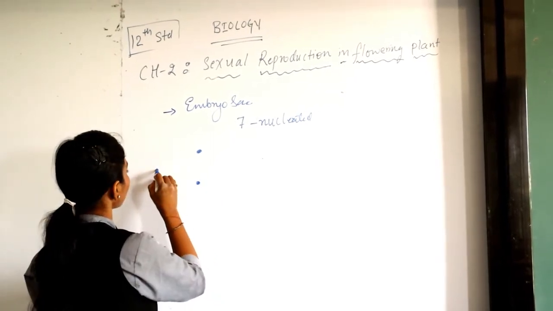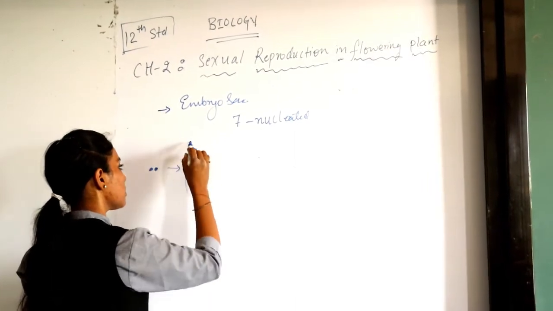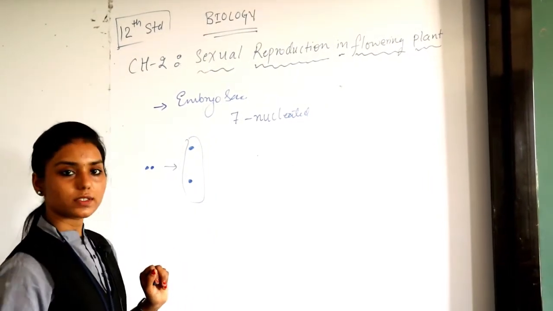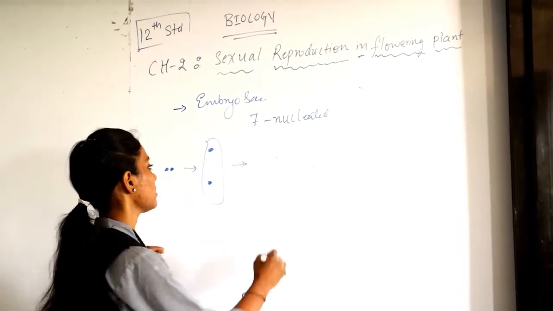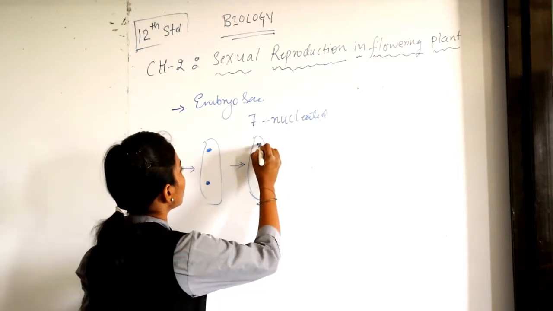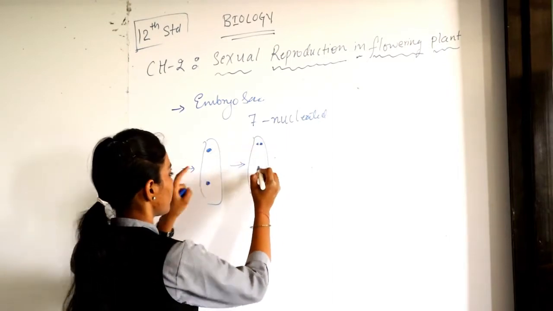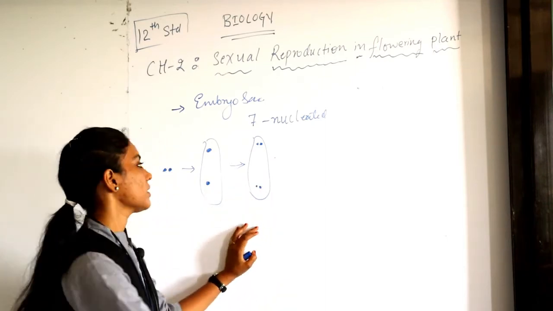These two cells were further dividing and moving to the poles. Then on further sequential mitotic division, these nucleated cells were further dividing and forming 4 nucleated cells.